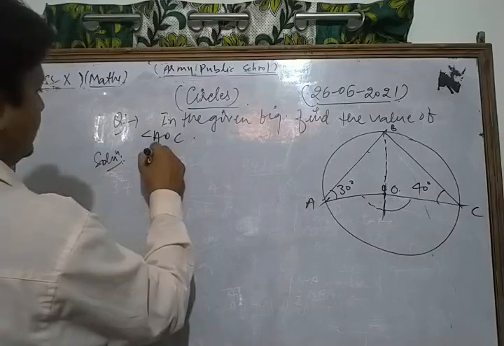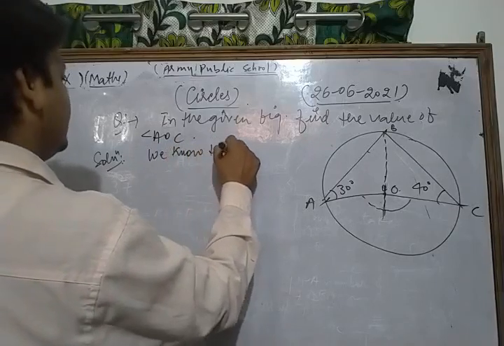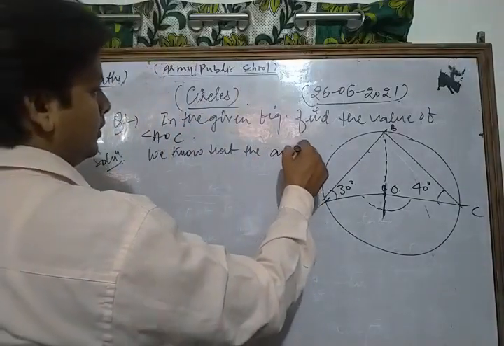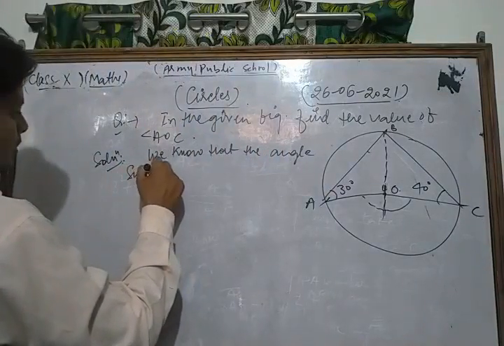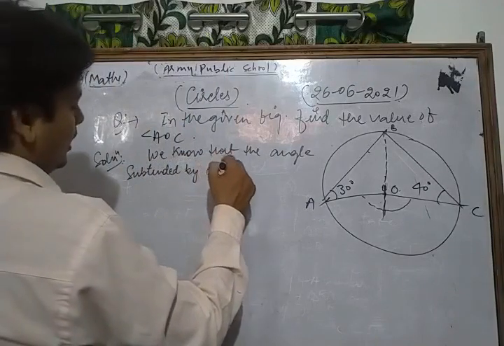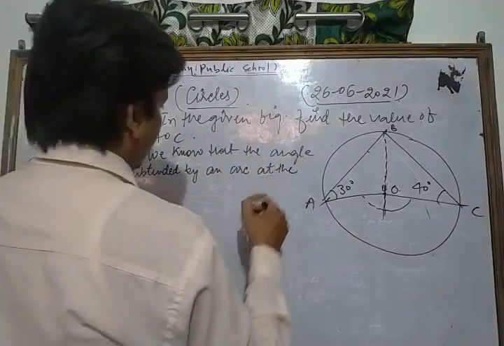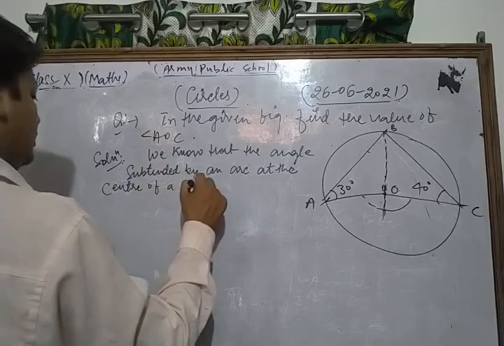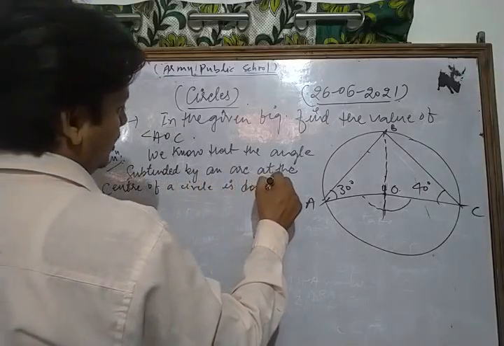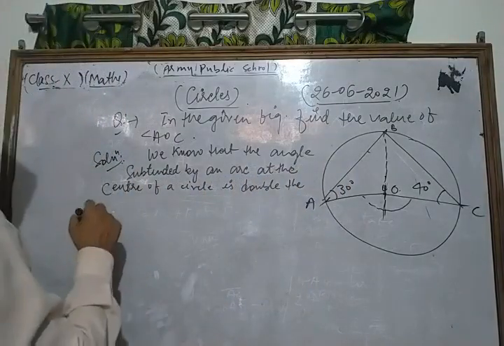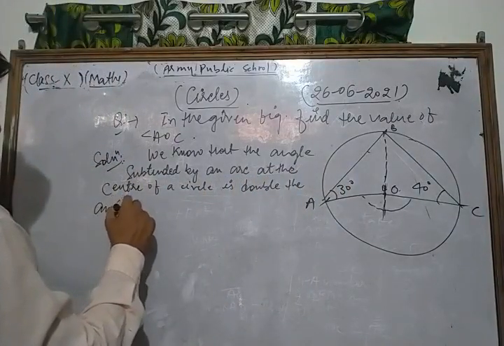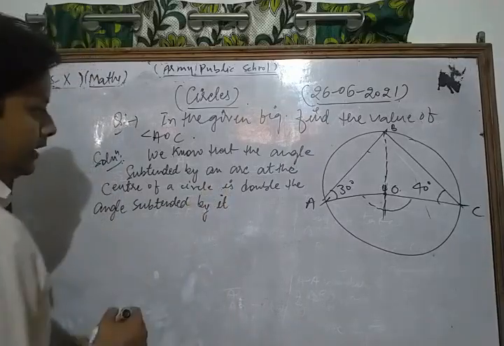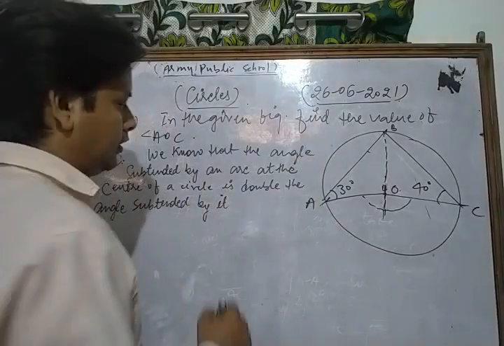Dear students, we know that the angle subtended by an arc at the center of a circle is double the angle subtended by it on the circumference of the circle.